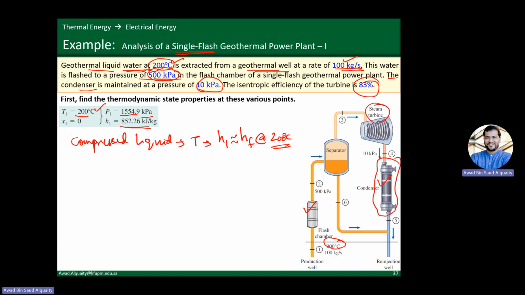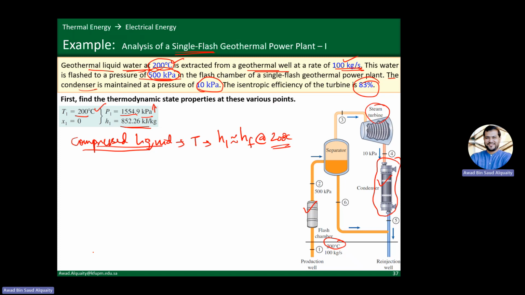So the geothermal water that we're extracting could be at this pressure or at higher pressure, since it's compressed liquid. But pressure does not play much of a role in defining the enthalpy and other thermodynamic properties as far as the compressed liquid state is concerned.